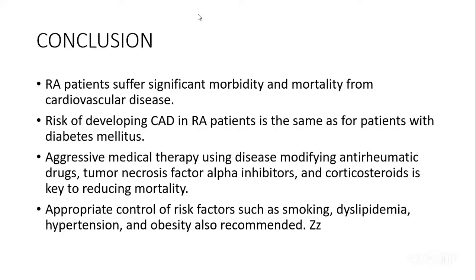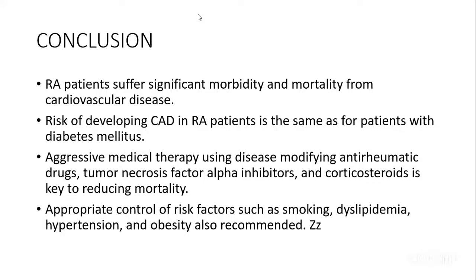So aggressive medical therapy, aggressive control of cardiovascular risk factors is advocated in them, and we should be proactive when we see these patients, when they present with us, when we see them having all these extra-articular manifestations.